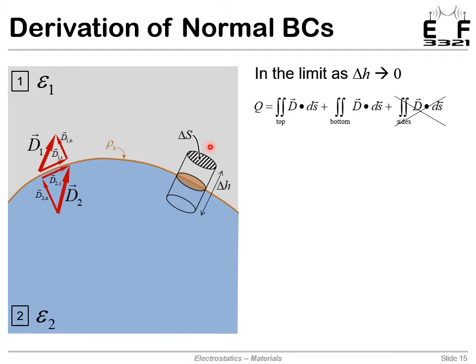When we calculate the flux on the sides of the cylinder, we're going to let this delta H term go to 0, and in fact, the flux from that also vanishes. So we're really just left with the flux leaving from the top and the bottom of that pillbox.